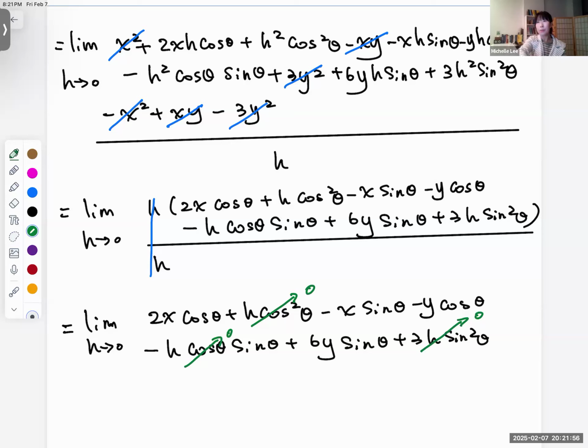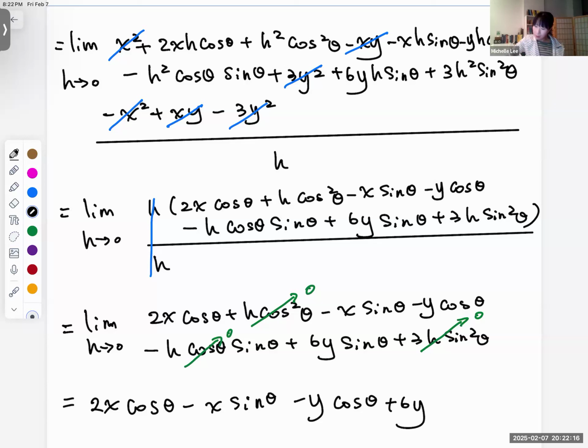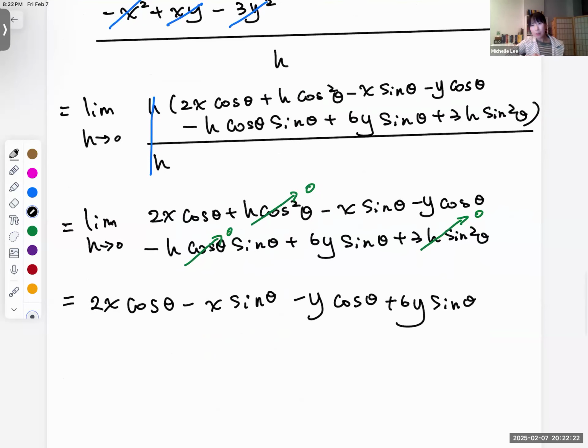Then we have equal to 2x cosine theta minus x sine theta minus y cosine theta and plus 6y sine theta. Done, right? Okay, so what is cosine theta, sine theta?